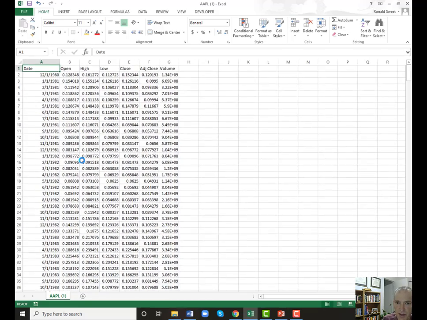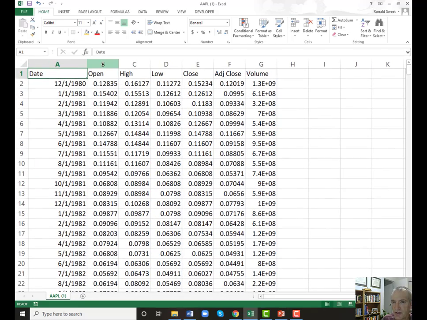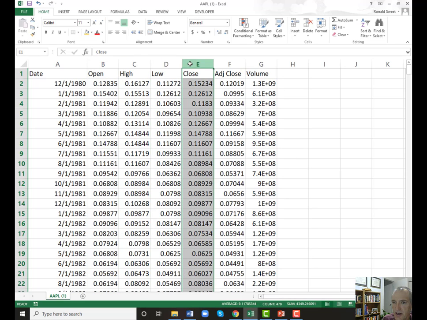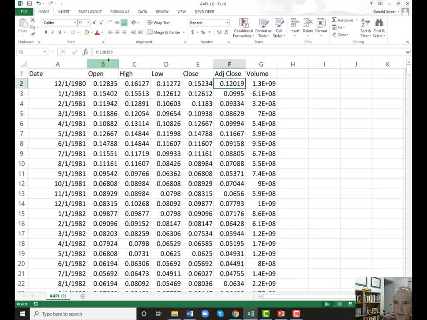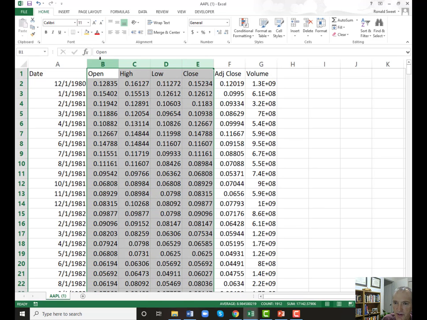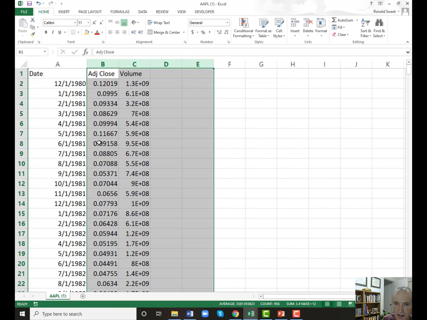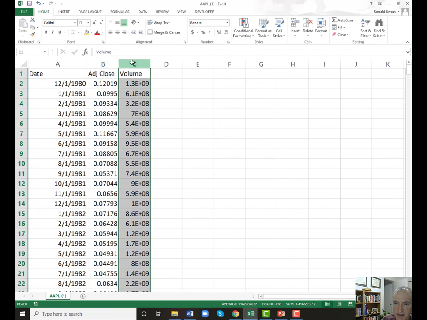So what we're going to do is we have the open, the high, the low, and the close, but we actually want the adjusted close. Remember, the adjusted close adjusts for those dividends and gives us much better data because we don't want those dividends distorting our numbers. So we're going to get rid of everything except for the adjusted close. You notice I don't have the dividend information in here, but it really is in there because it's in the adjusted close.